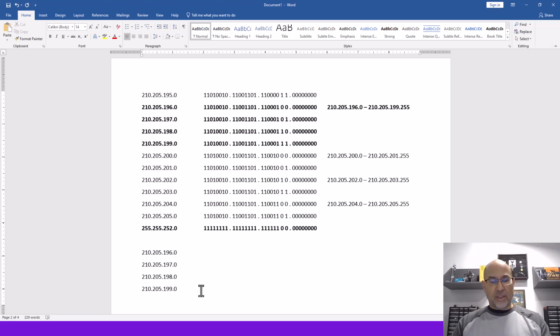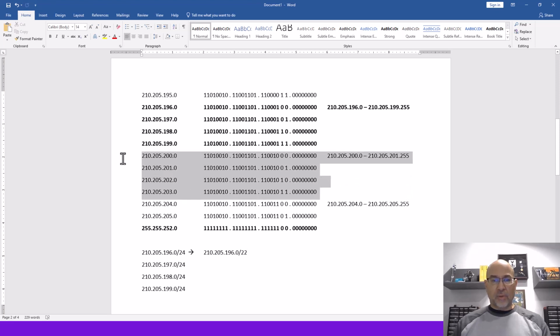They all would have been /24s. And now we can say that we can convert all of these to 210.205.196.0 slash what? Well, we stole 2 bits away from the networking portion, /22, which also means that these 4 would also be aggregated together.